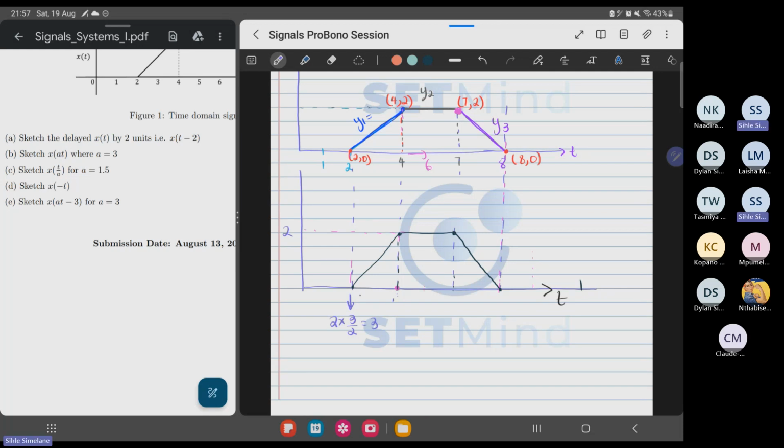And then here I had a 4, so I am supposed to have 4 times 3/2, which means here I'm just supposed to have a 6. And then here I had a 7, which means I have 7 times 3/2, so the value sitting there will be at t is 7 times 3, that is 21, divided by 2.